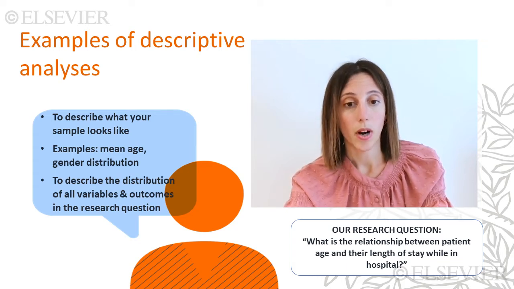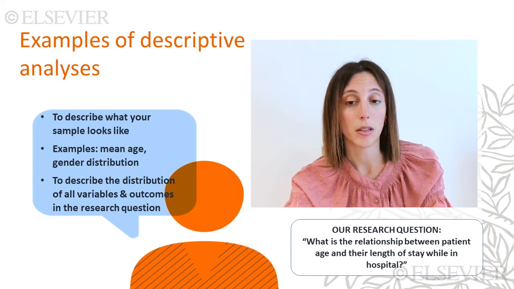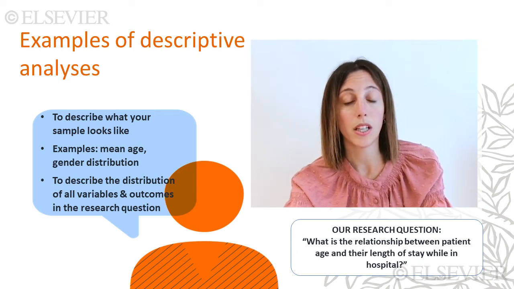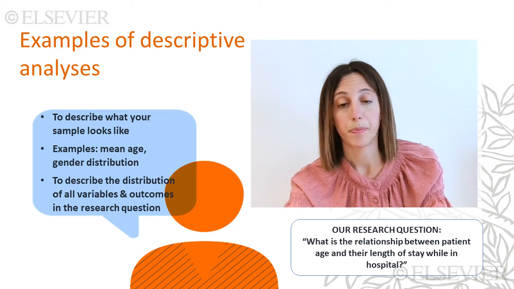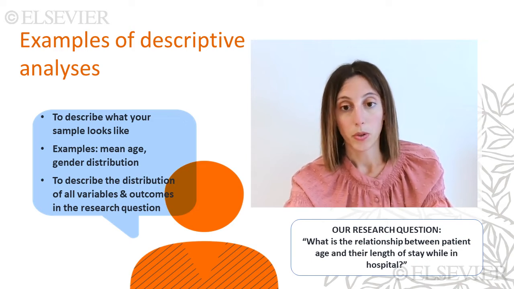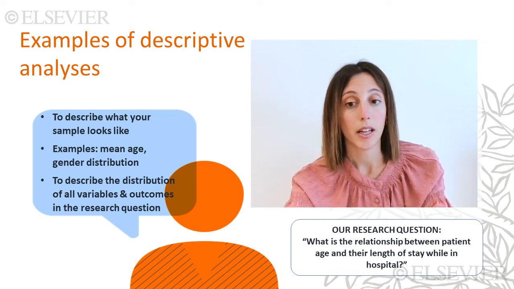Another way to use descriptive statistics is to say the mean age of patients admitted to the hospital in 2015 was 79 years old. So I won't spend too long talking about descriptive statistics, but in any paper that reports analysis of relationships between variables, it is really important to see their descriptive statistics first.